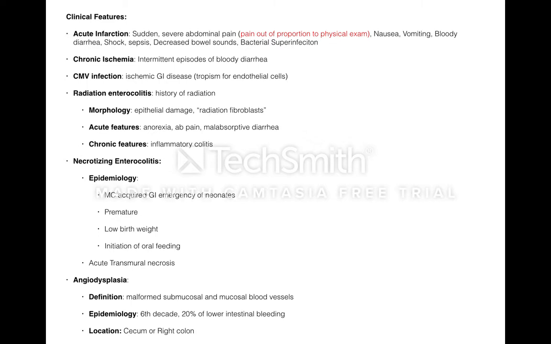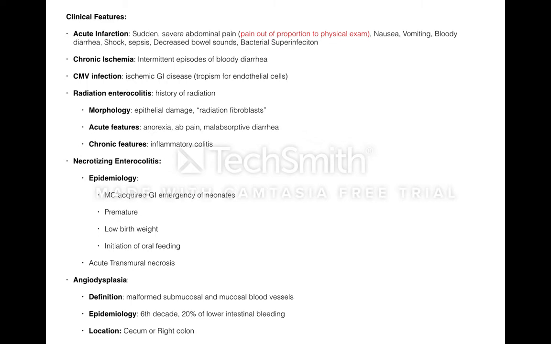On exam, there tends to be decreased bowel sounds. In the case of chronic ischemia, patients often have intermittent episodes of bloody diarrhea. Ischemic bowel disease secondary to CMV infection can also occur, as CMV has a tropism for endothelial cells. In this case, clinically, it's going to be a patient that is immunosuppressed.